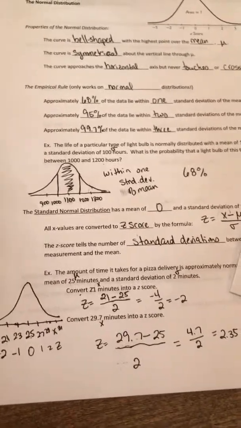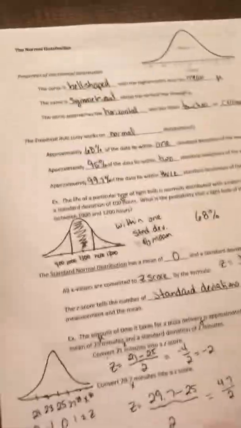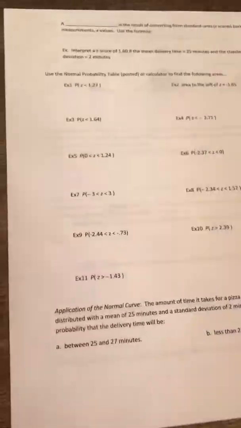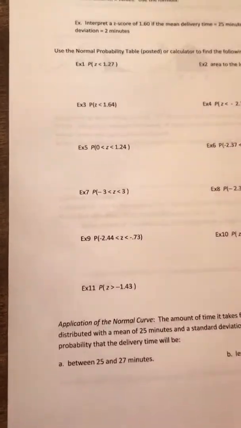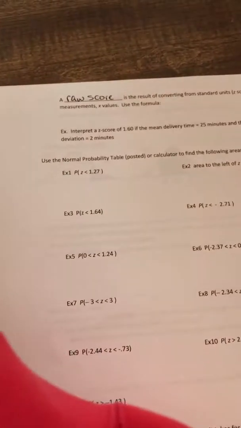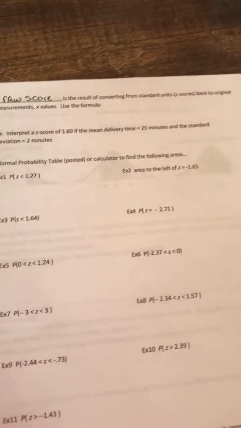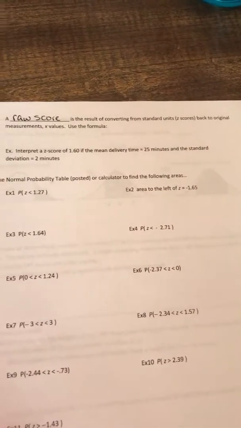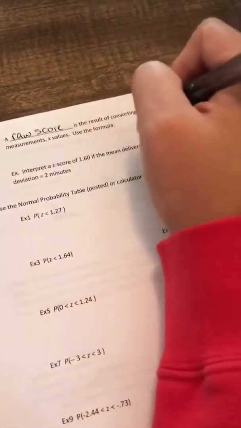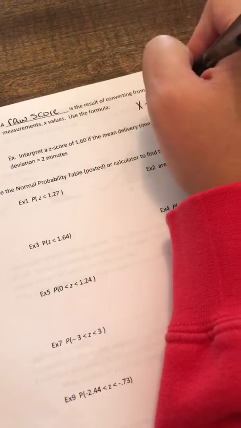You can also go the other way. That was just using the z-score formula, but you can also go the other direction. You have what's called a raw score, which is the result of converting from your standard units, your z-scores, back to your original measurements, your original x values. The formula is x equals z times sigma plus mu.